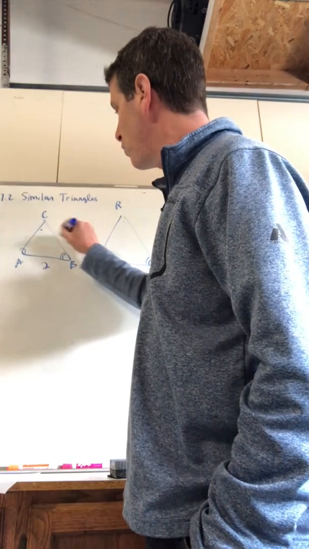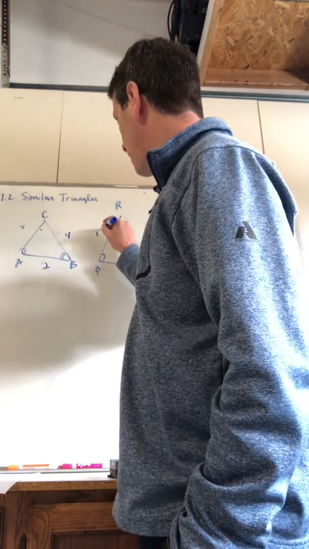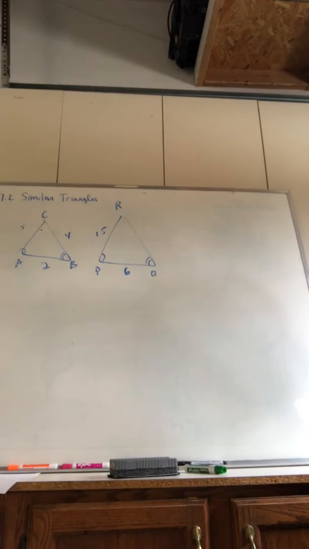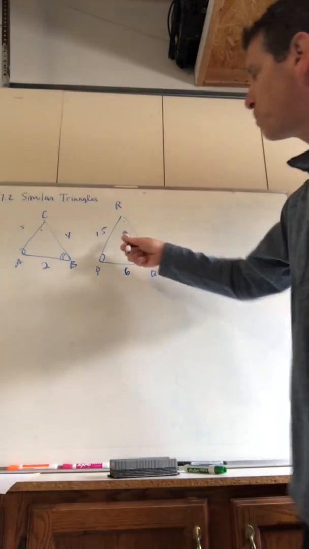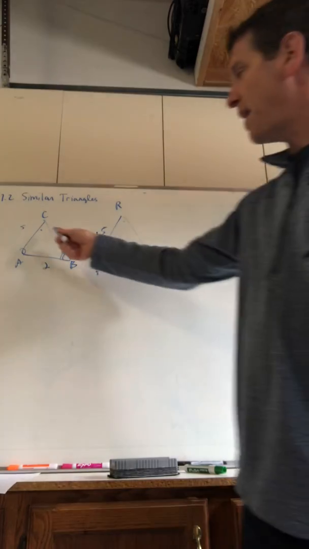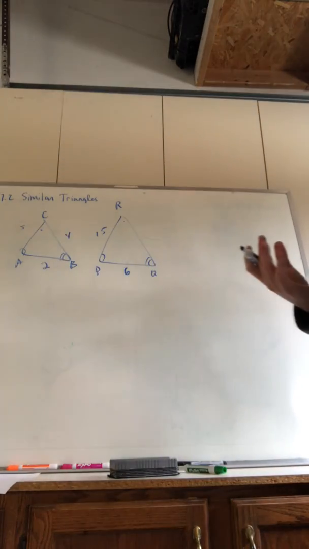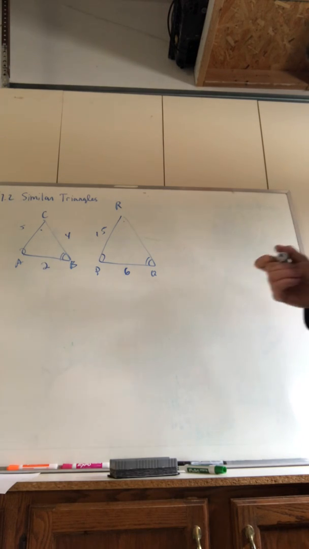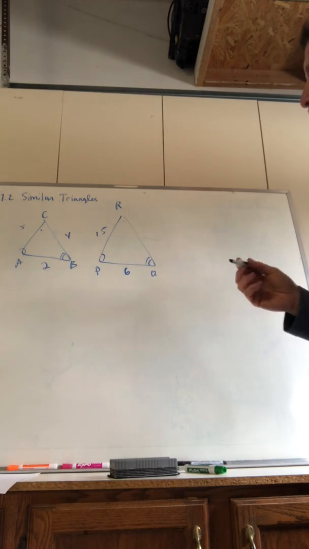And if I say 2, 4, and 5 here, and I'm going to say 15 and 6. Let's try to find out the scale factor here. How much bigger is this triangle than this triangle? A lot of you can see right away that it's 3 times bigger, but let's actually go through that process.